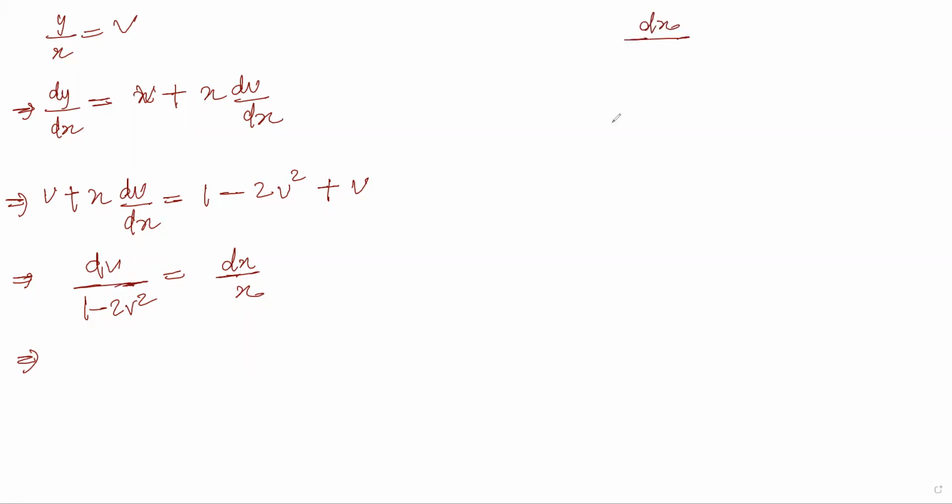This is of the form dx by a square minus x square, which would become what? 1 by 2a log of a plus x by a minus x. Just use the same formula.